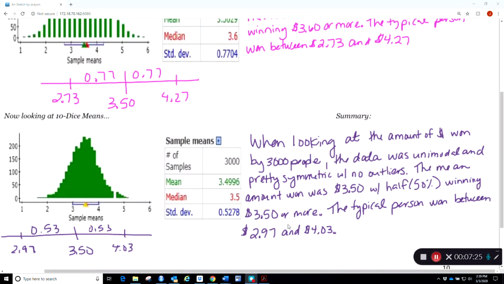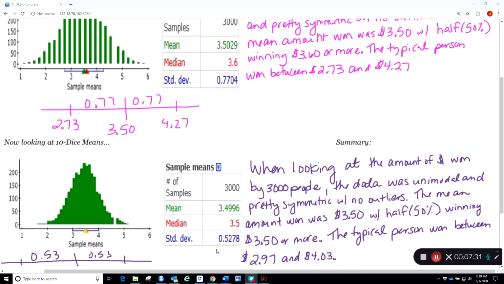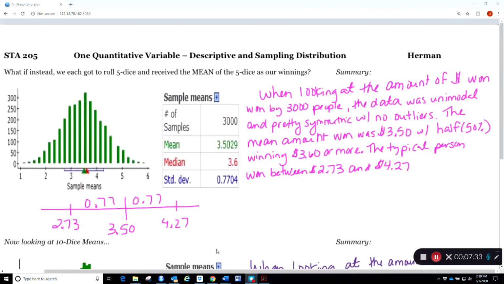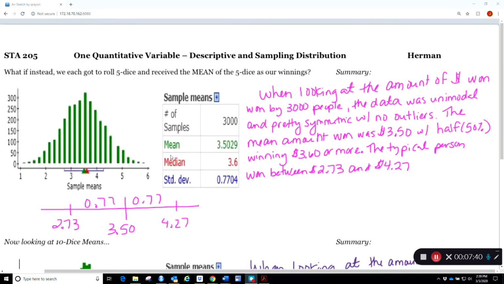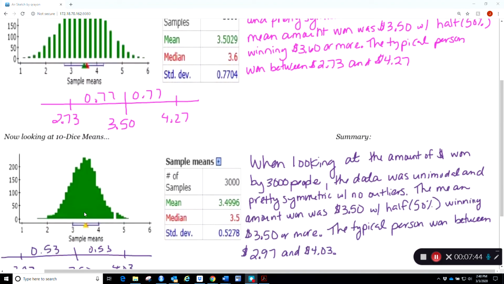All right, so now tying all of this together, let's talk about what happened as we changed things. So we started with rolling a single die and got some data. We then rolled 5 dice and got some data. And finally rolled 10 dice and got some data. And we saw some changes, but not everything changed.